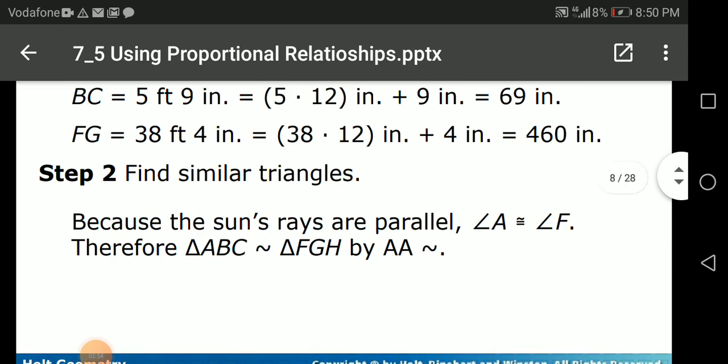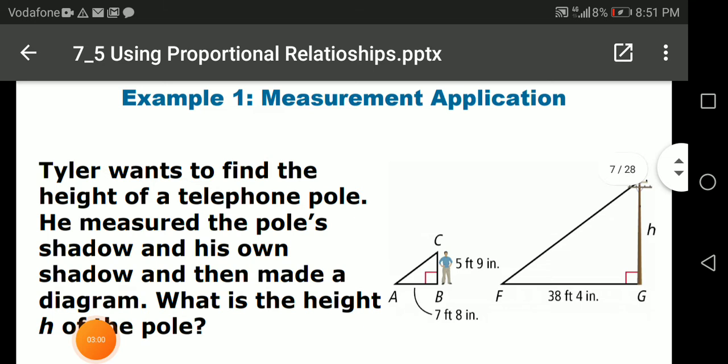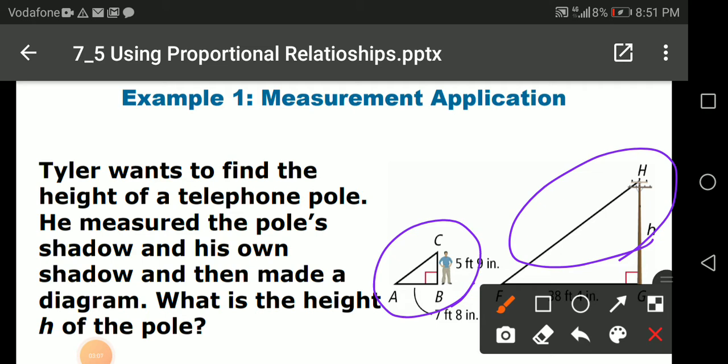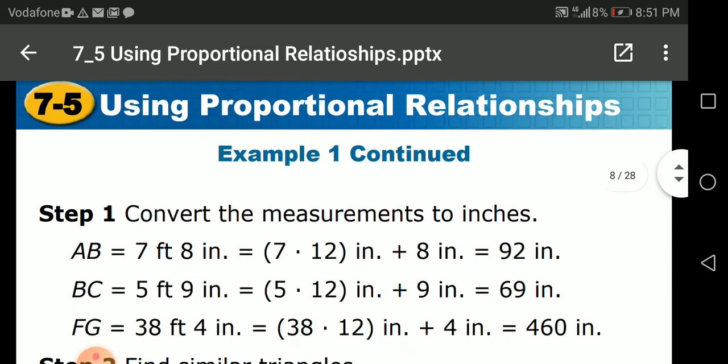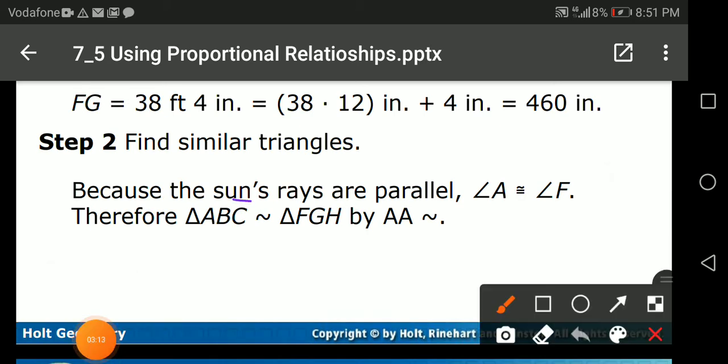Find similar triangles. So why am I doing this? I want to know that the two triangles are similar. I want to prove that. Do you know that the sun's rays are parallel? The sun's rays are parallel.